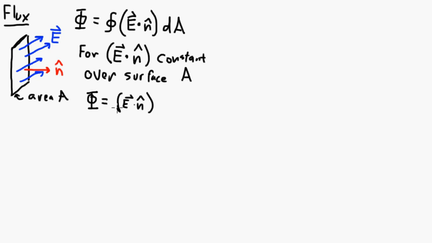It doesn't matter where you take it because it's the same everywhere. Then you multiply that by your area, and that gives you the flux for this entire area. But this only works if this quantity is constant.